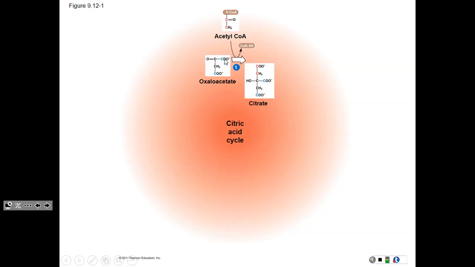You take a 4-carbon thing called oxaloacetate and you hook it up with your incoming 2-carbon thing, acetyl-CoA. CoA is not needed anymore. It can get used, reused over and over and over again. So the coenzyme A with its sulfhydryl group gets kicked out. And what we're left with is we've added the 4-carbon oxaloacetate to the 2-carbon acetate, and we end up with a 6-carbon thing called citrate.